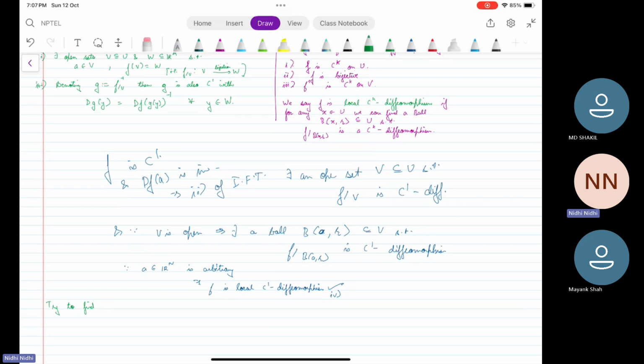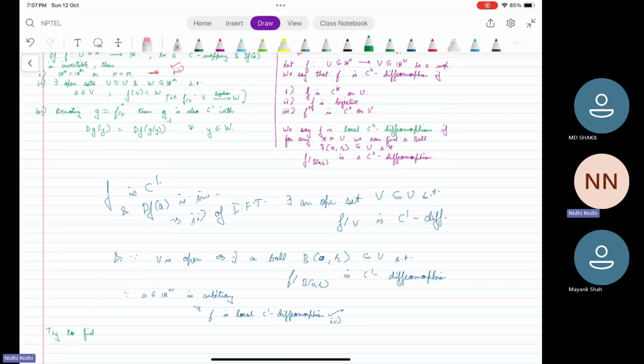The three properties that we need: it should be Ck, and it will be Ck on a subset also. It should be bijective, and obviously it is bijective from the ball to its image, whatever the image is. The inverse will also work in a similar way. Since it is happening on a bigger set, I took this just for the sake of the definition, because the definition said that at every point we should be able to find a ball.